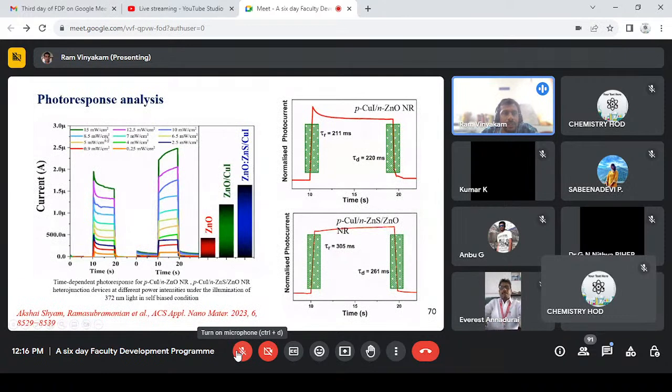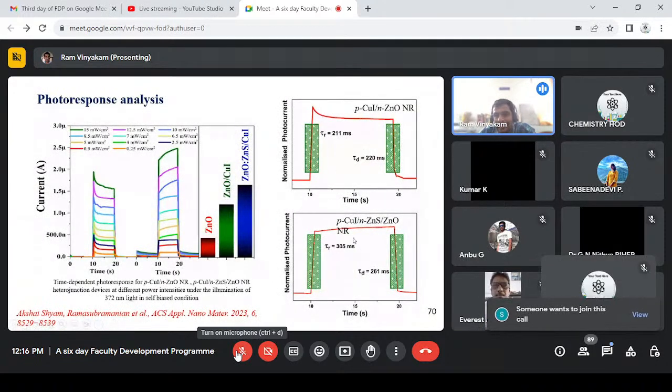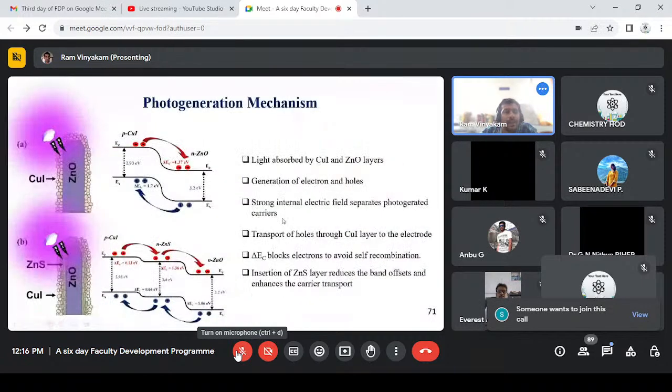Actually, the intensity we use is 0.25 in terms of microwatt. And we studied the photo response characteristics, and it is in the range of hundreds of milliseconds to respond. It's okay, but you can't commercialize this. You have to have it in less than 10 milliseconds, or microseconds, in order to commercialize.